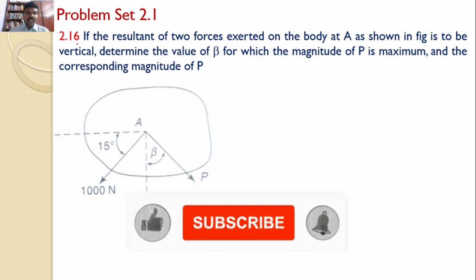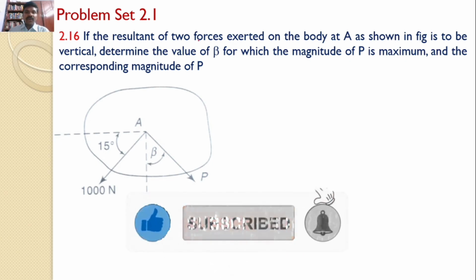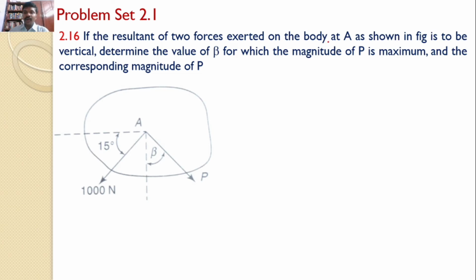Problem number 2.16. If the resultant of two forces exerted on the body at A, as shown in the figure, is to be vertical, determine the value of beta for which the magnitude of P is maximum and the corresponding magnitude of P. In this problem, there is a body A and two forces are acting on it: a 1000 newton force and P, the force which is unknown.